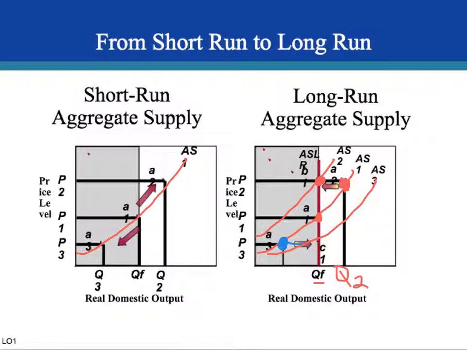Okay. So at P3 in the long run, output would be back at its natural rate. Okay. And so if we connect these three dots, okay, we get our long run aggregate supply curve.